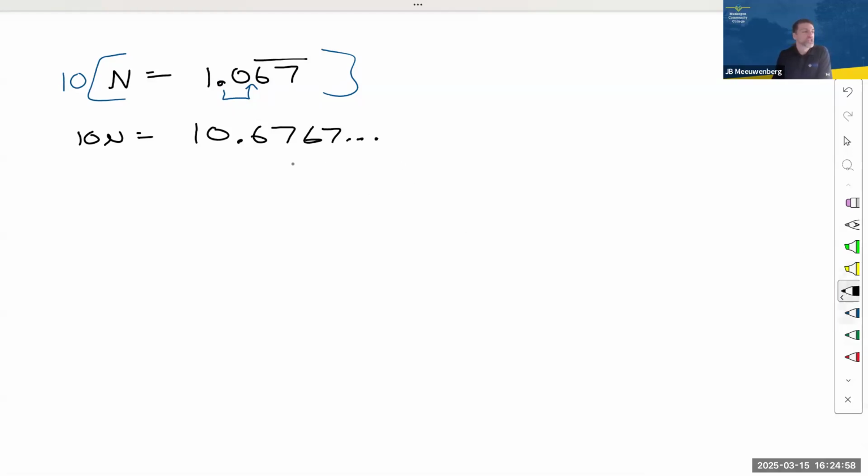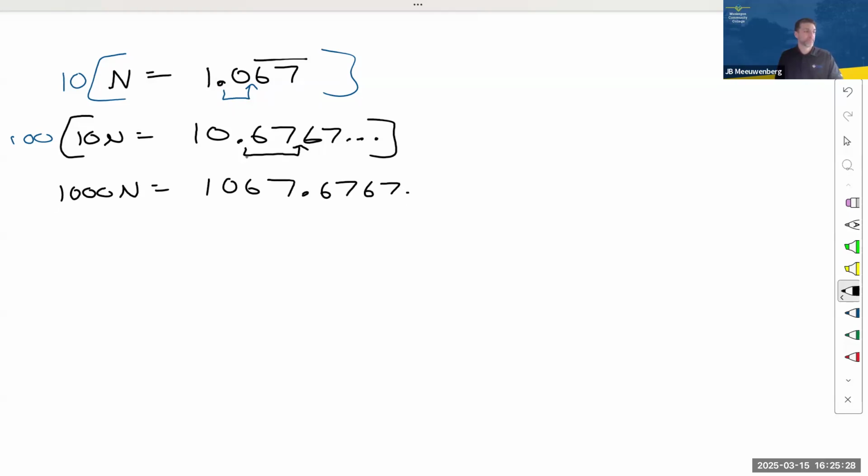Now I need to move the decimal so it goes to the next repeated part. It's got to skip the repeated part. So that's going to take a multiplication by 100 because it's 2 decimal places that I need it to move. So that will give us, again, 1000n equals 1067.6767 repeated.